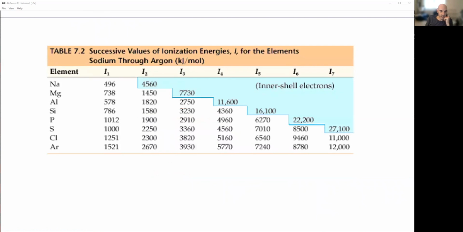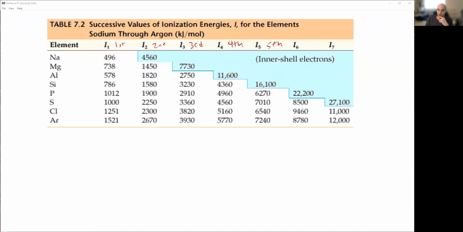So here's a look at ionization energy: this is first, this is second, this is third, this is fourth, this is fifth, and so on. First ionization energy, again, is lower than everything else because as soon as you form a cation, it's harder and harder to get rid of those electrons.